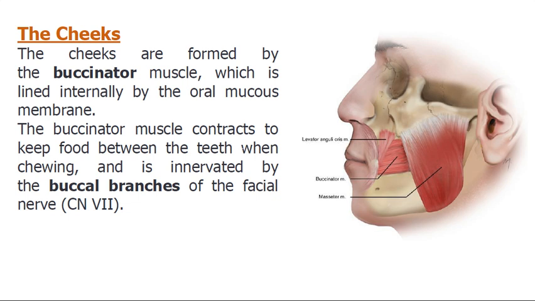This buccinator muscle contracts during mastication and during oral digestion of the food to keep the vestibule empty of fluid, to prevent lodgement of food particles within the vestibular space outside the teeth. So it is a very important action of the buccinator.